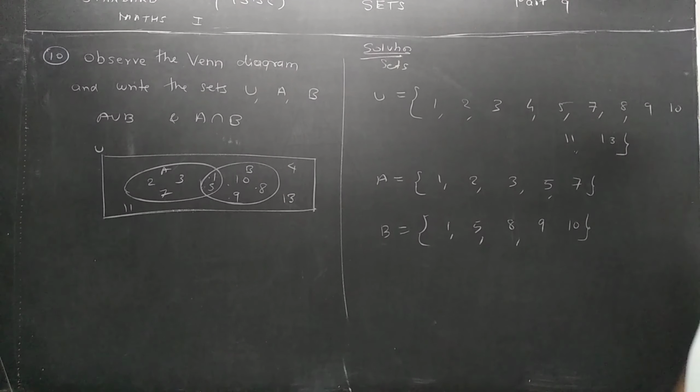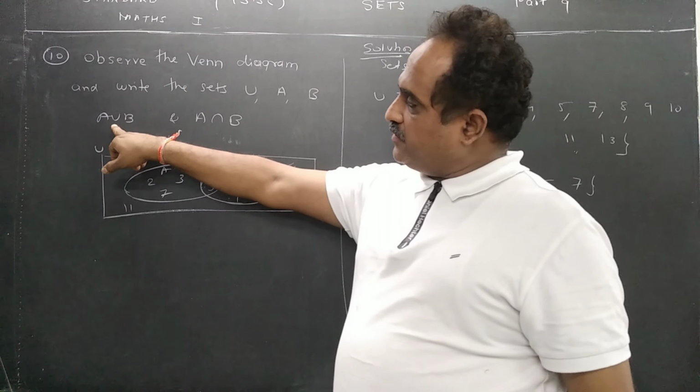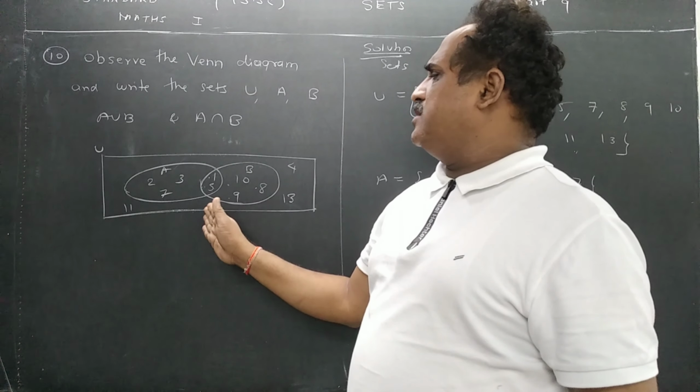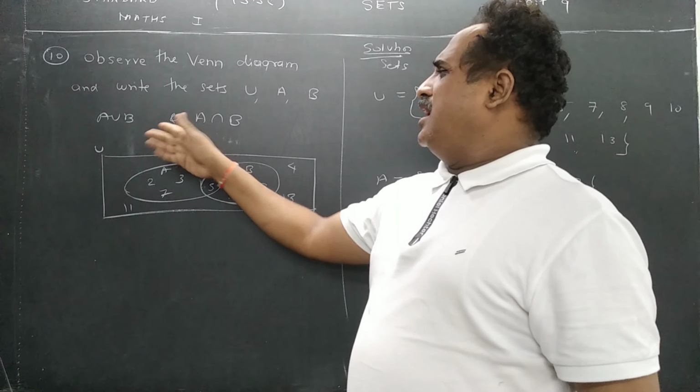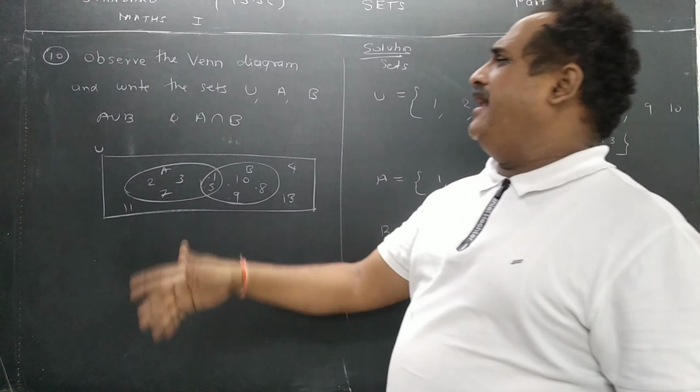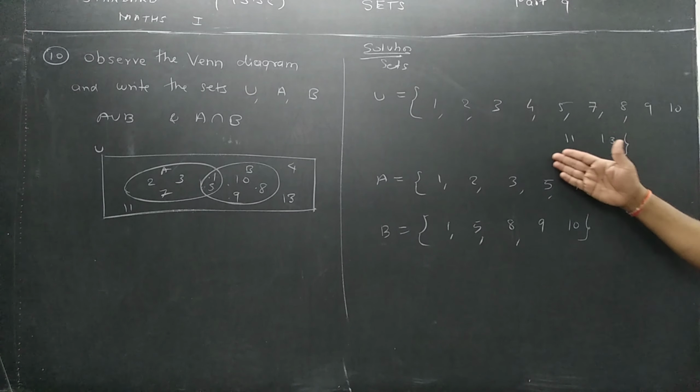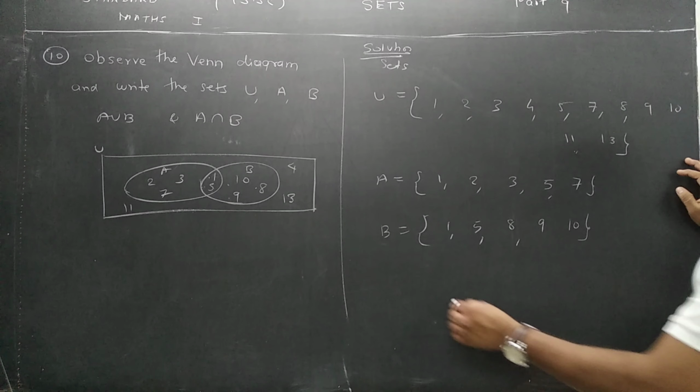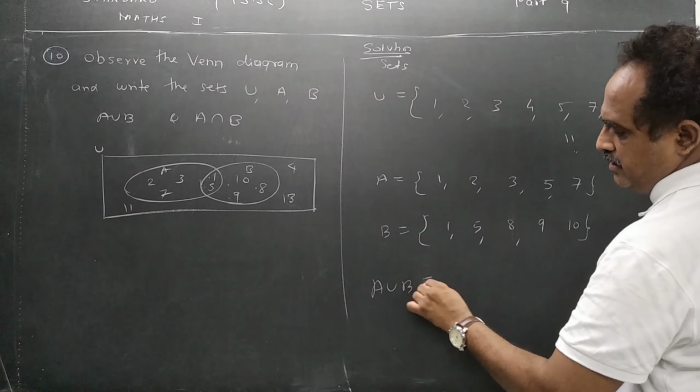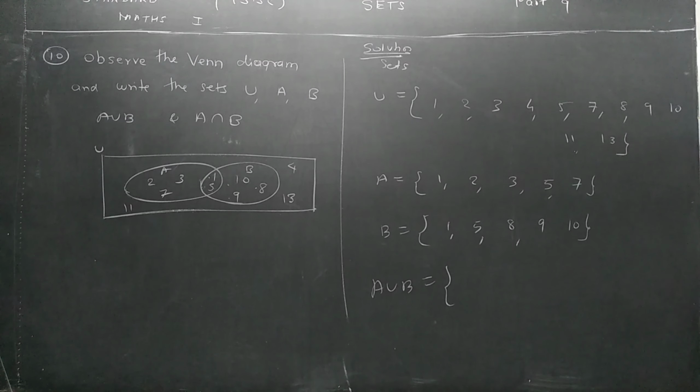And such types of questions, do not observe from the figure. You can get it from the figure also, but at least union will be a little bit of a headache for you. So better we compare these two. What will be A union B? A union B is what?